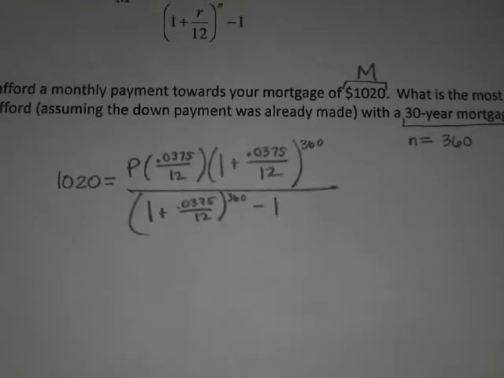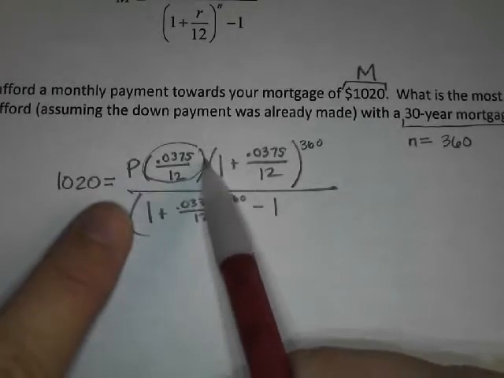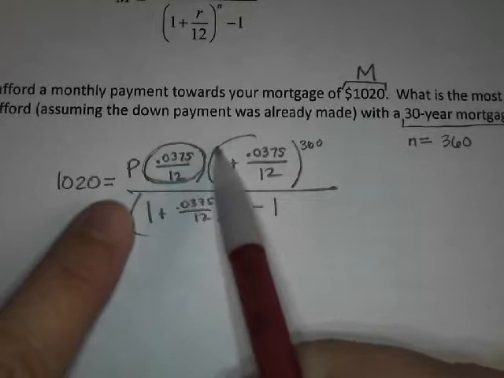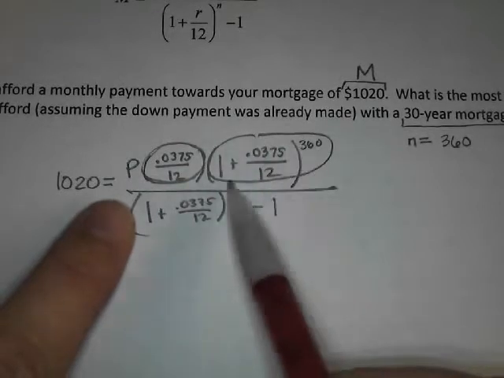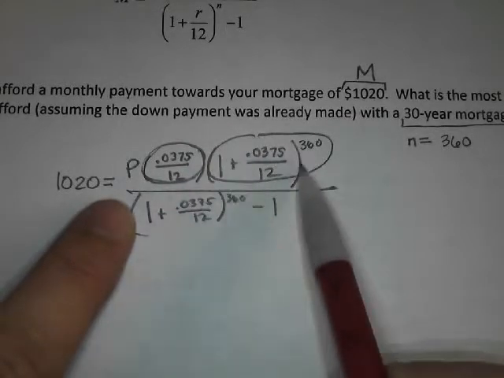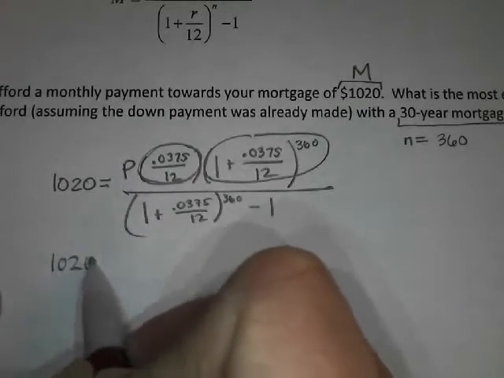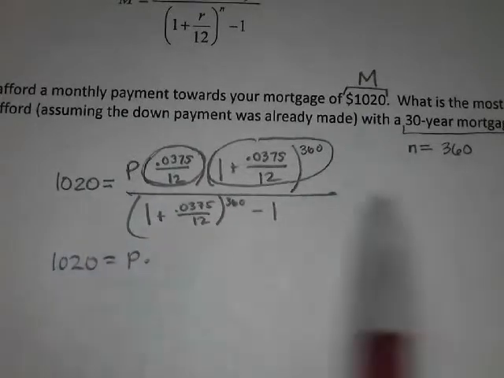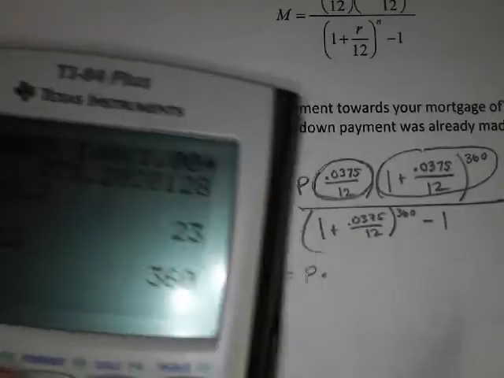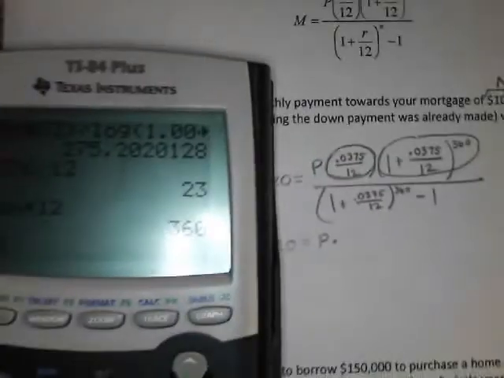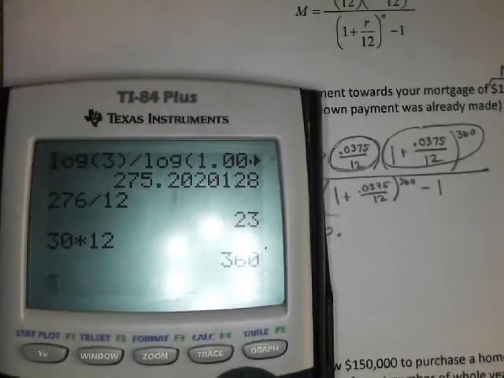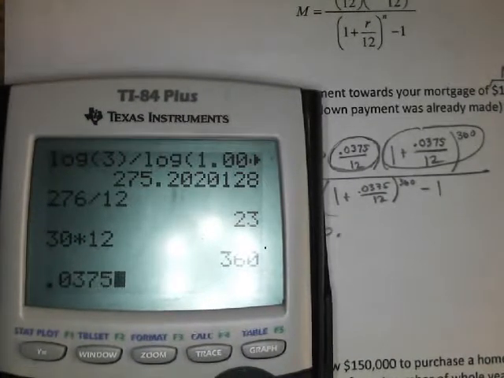Now, in this numerator, we can multiply this times this whole thing, because there's no variables involved in this section. So we just have 1020 equals P times, and I'm just going to type in exactly as I see here, 0.0375 divided by 12, get that number. I'm not going to write that down.